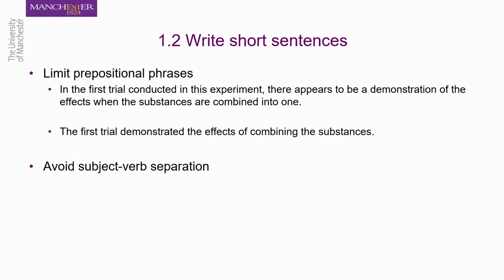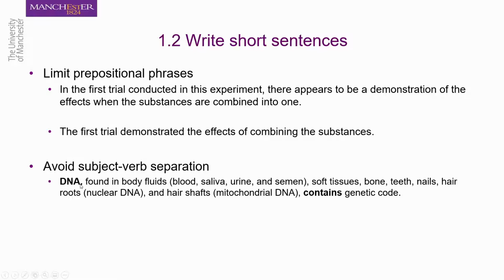Okay, and the next one is you want to avoid subject-verb separation. Typical way of processing a sentence is that we will read the subject and then it's immediately followed by the verb, right? And then if you look at this example, the subject DNA is so far away from the actual verb. So basically the main sentence here is DNA contains genetic code.